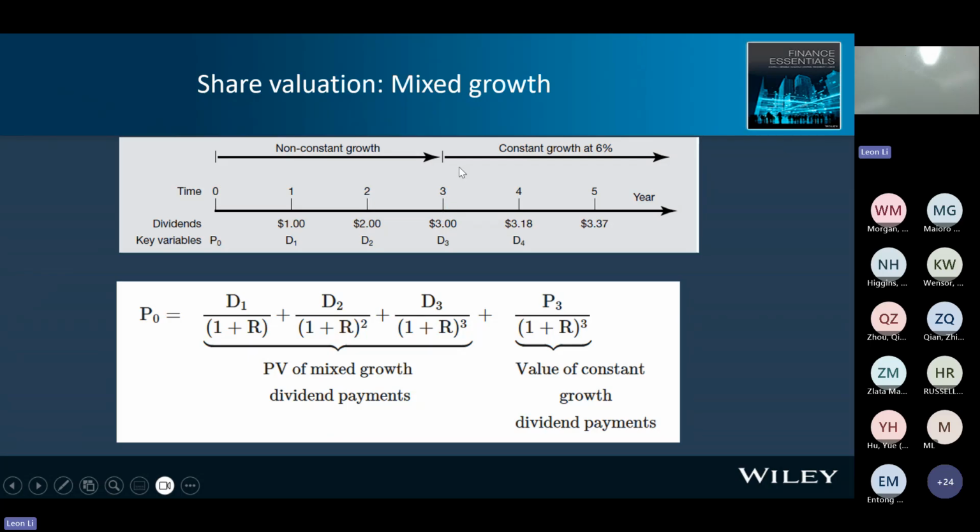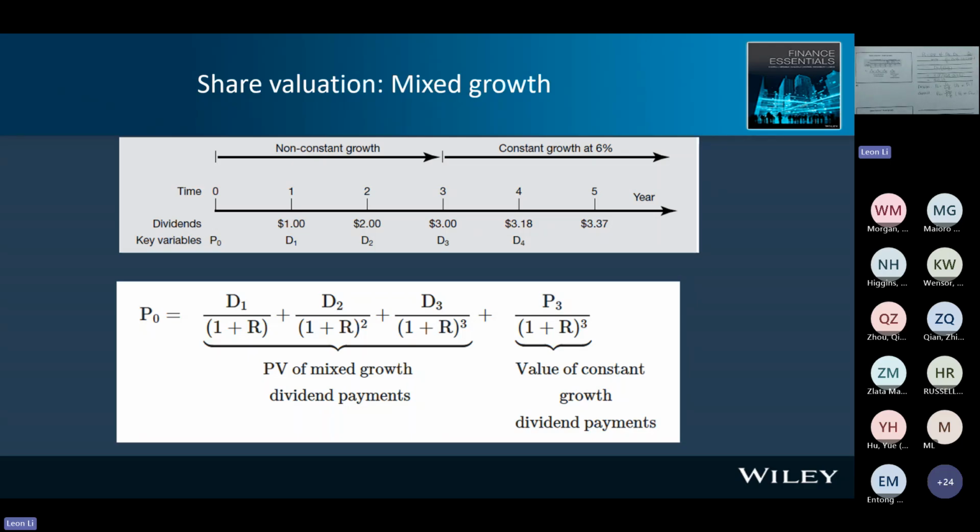After that, the dividend has a constant growth rate of 6%. So D3 to D4 is 3 times 1 plus 0.06, which is 3.18 for D4, and then D5, with 6% growth. So then how do we do the valuation?